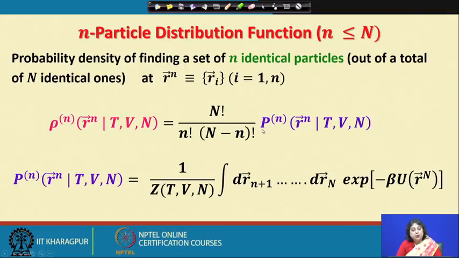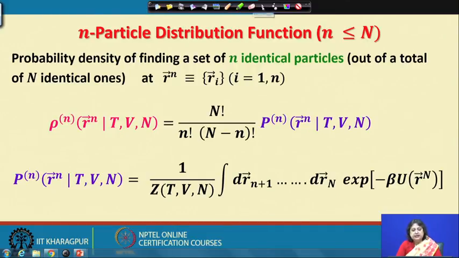So, this is the probability of observing, once you have a set of small n particles chosen out of a collection of capital N, those n particles at a given position in configuration space, irrespective of where the other capital N minus small n particles are located. So, this is taken care of by integrating over the position of all other particles that are not being considered.